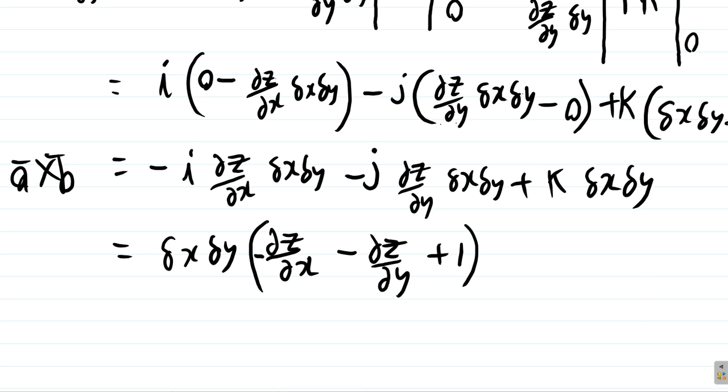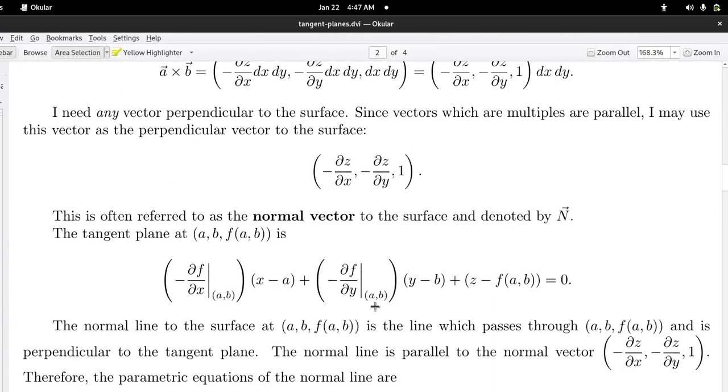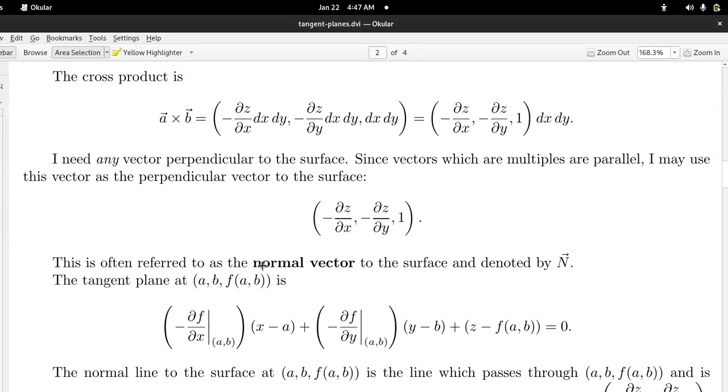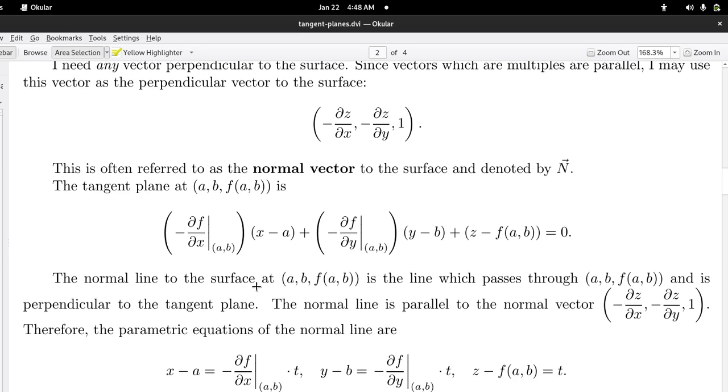If we look back at our document here, so we got that. It's a normal vector. So this is all then referred to as a normal vector to the surface, and it's denoted by an N with the arrow above it. Then it says the tangent plane is this. In a different video we'll come to how they get this to be the tangent plane.